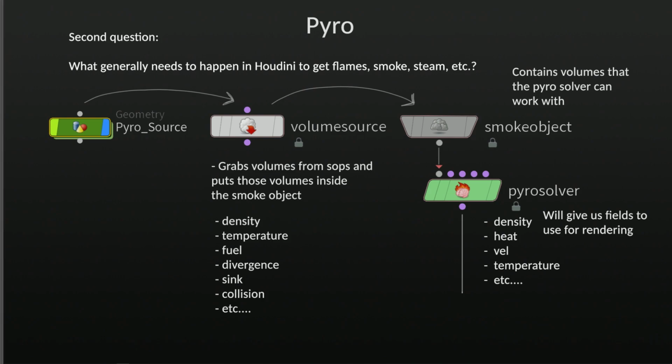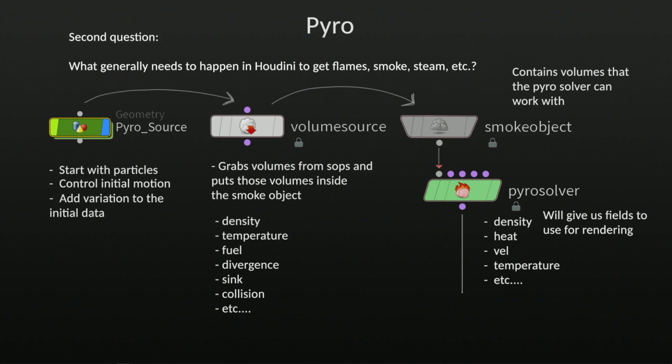And so here's what the process looks like in order to generate these fields. We're going to start with some particles. We will control the initial motion and location of where these volumes will start. We'll also add a bunch of variety to the data. We'll attach attributes to these points, so that with these fields, they're going to start with different values and have different spots that are more intense or less intense.